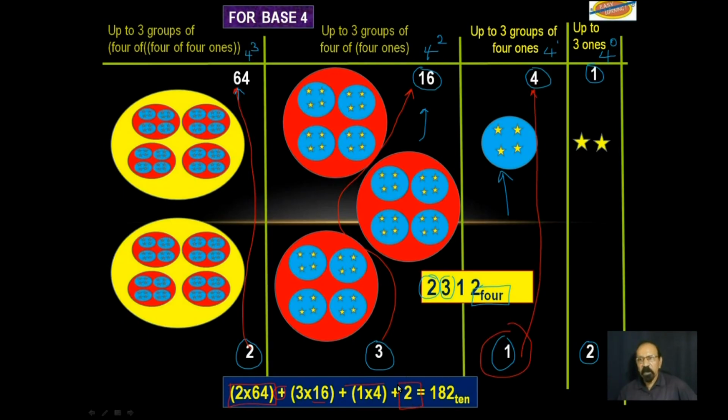If you add those, you will get 182. And now you can say 182 because we are in base 10.